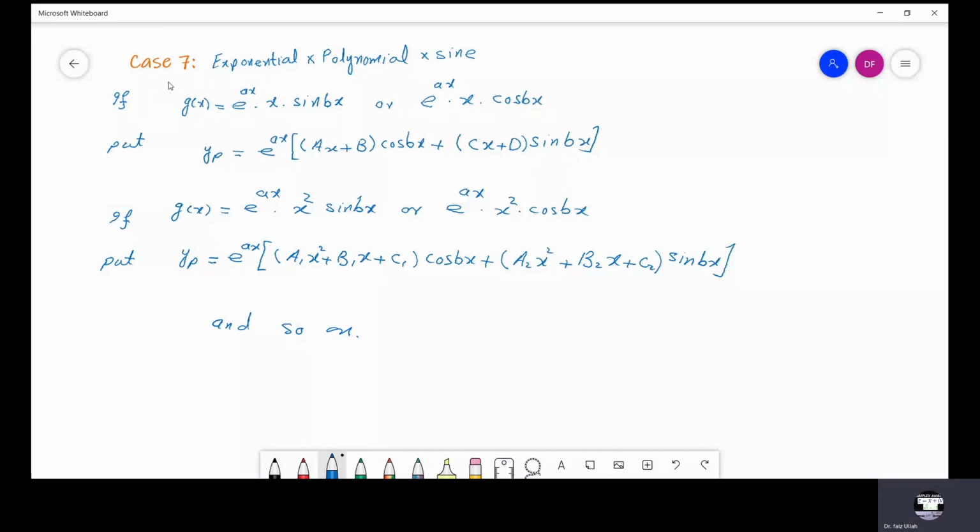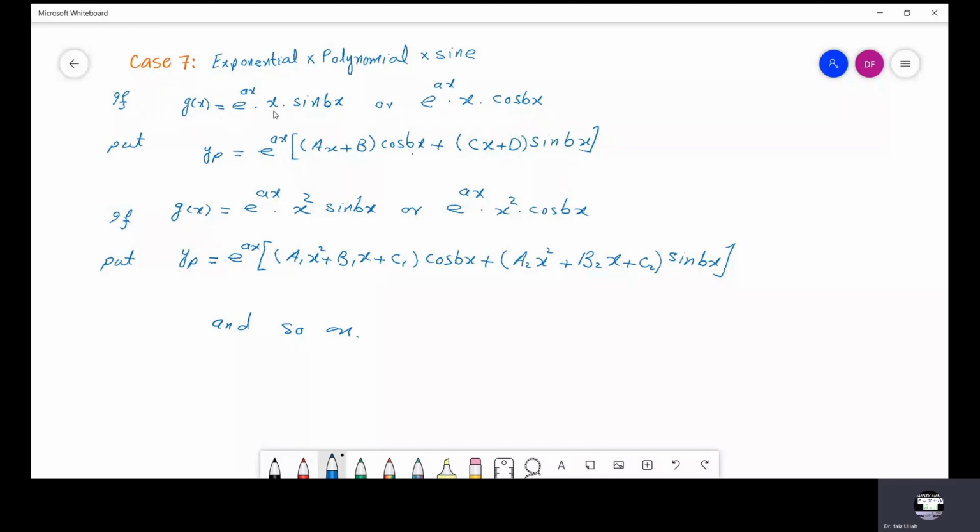The last case, case number 7. If we have the product of exponential function, polynomial, and sine or cos, then how to solve that problem? Let us see it. If g of x is equal to e power ax into x sin bx or e power ax into x cos bx, we will put yp is equal to e power ax into (ax plus b) cos bx plus (cx plus d) sin bx.